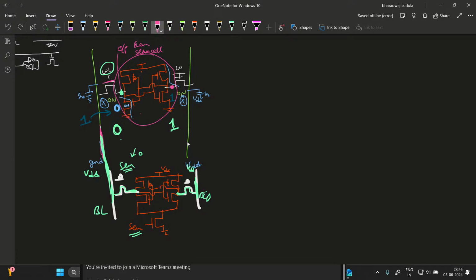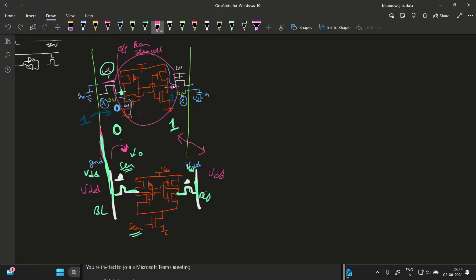Since these two are VDD and this side is 0, there will be discharge in this left side. Either to VDD or 1, there is no potential difference and there is no charging or discharging.